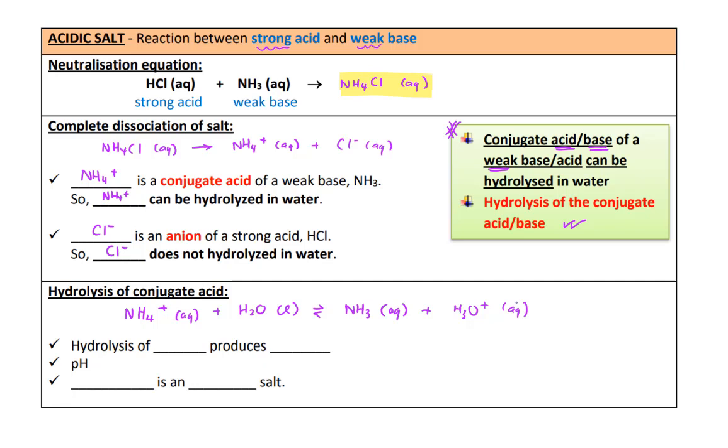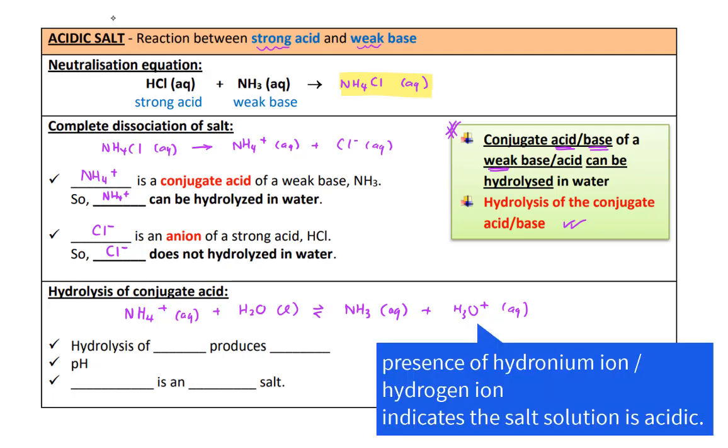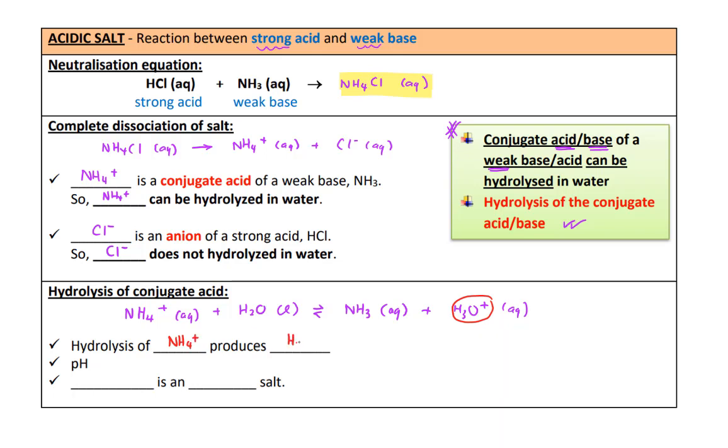In this equation, you can see that after the hydrolysis of NH4+, you get H3O+. So hydrolysis of NH4+ produces the hydronium ion. If you have more H3O+ or H+, it means that your pH value is less than 7, since H+ refers to an acidic solution.